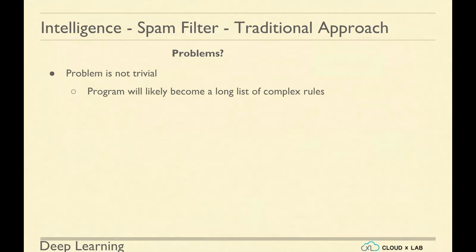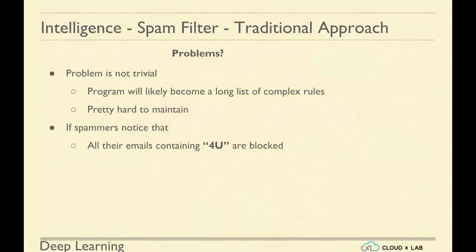The problem will likely become, first of all, a huge complex list of rules, which will be very hard to maintain. And then if spammers notice that you are blocking all the emails with a certain word, they might start writing it differently, or they might use personal type emails or some new ways to escape.